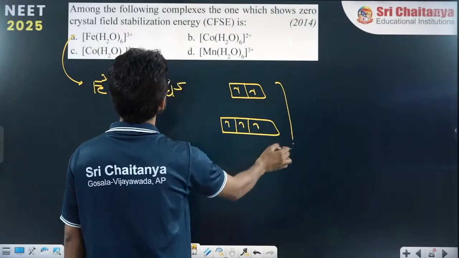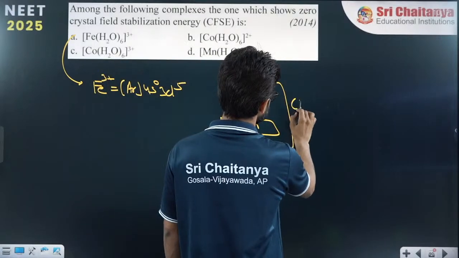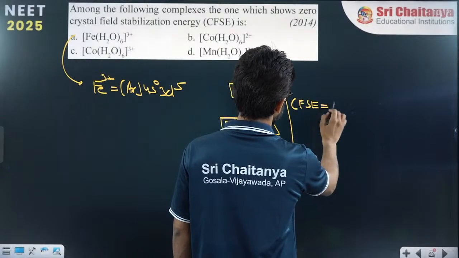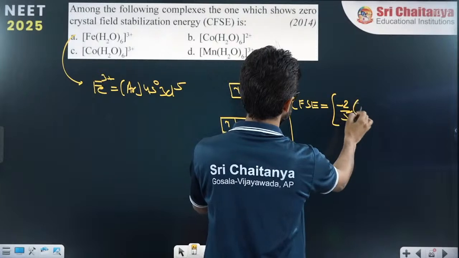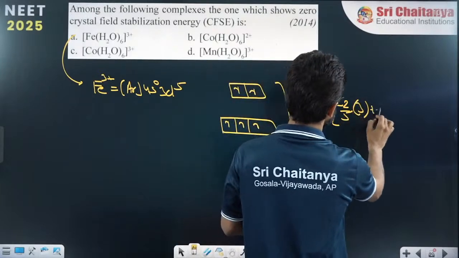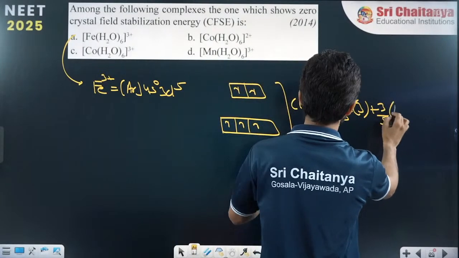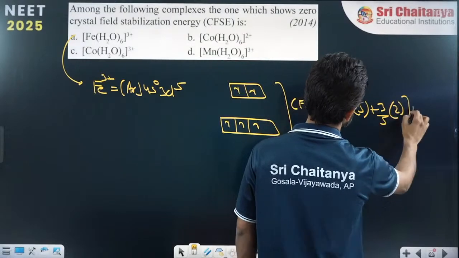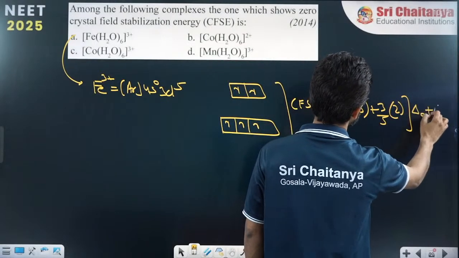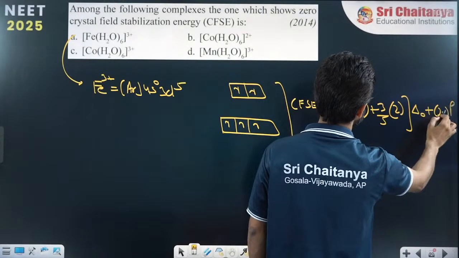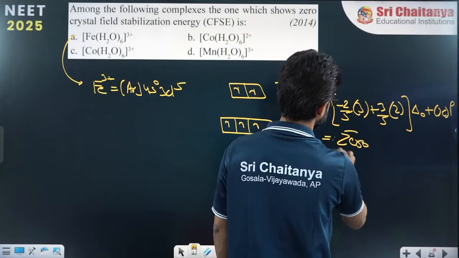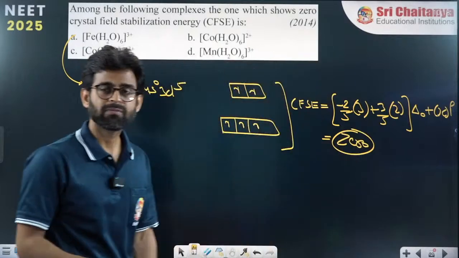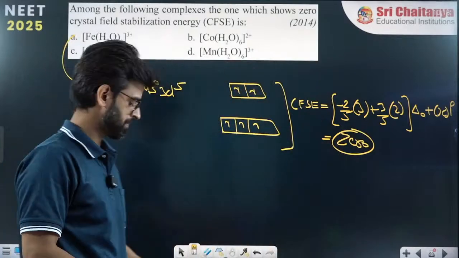If you want to find the CFSE, you will see minus 2/5 into 3 electrons in t2g plus 3/5 into 2 electrons in eg, into delta naught, plus the pairing energy. No pairing here, so this part becomes 0. Here also 0. Total is coming 0. So CFSE is coming 0 here.